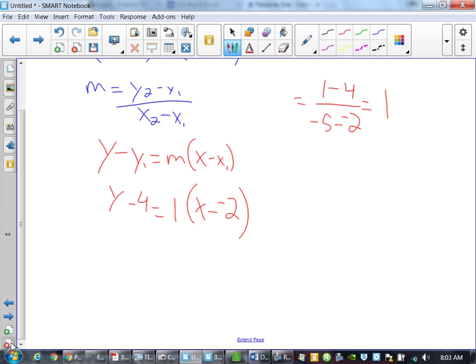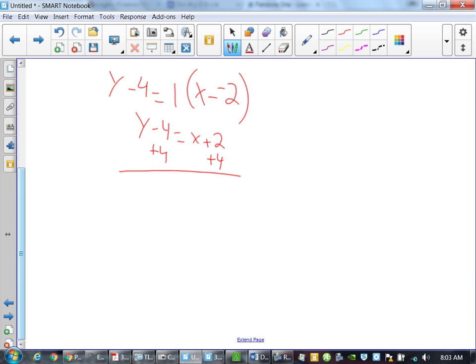You have to know what that means. Minus and negative always means it is plus, okay? So when you rewrite, you're going to get y minus 4 is x plus 2. And then how do you move a negative? You add it. And hopefully 2 plus 4 is 6.